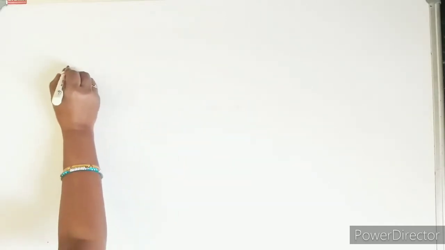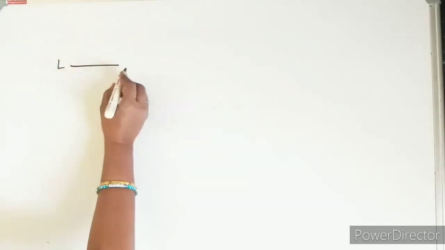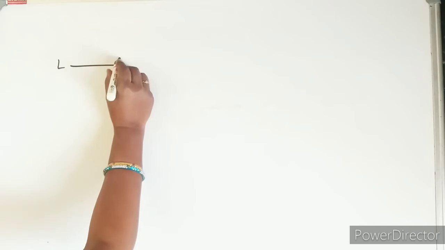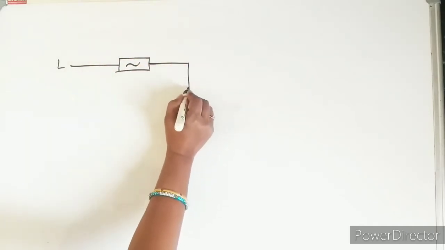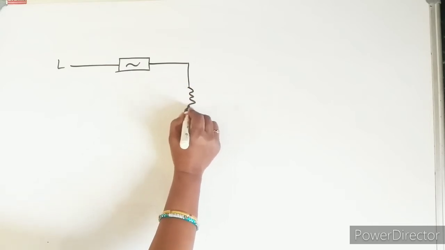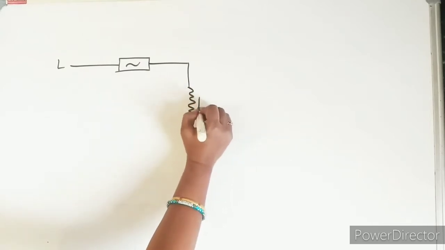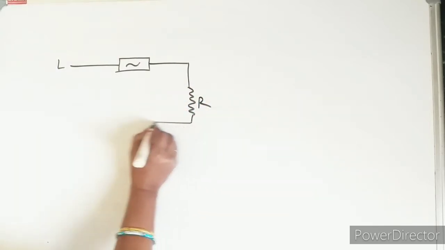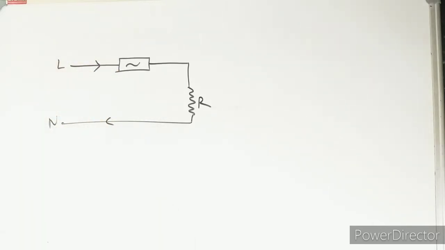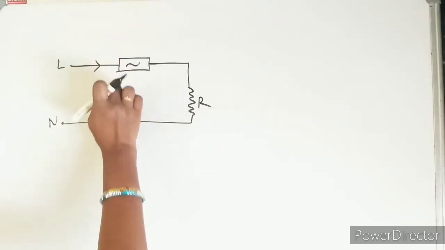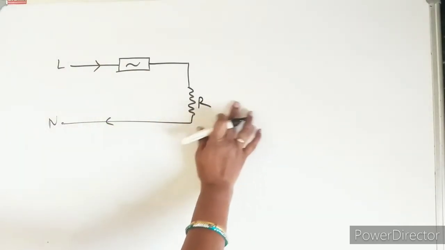Here let this be the live wire, and here is the fuse. Then let this be the bulb or the resistance, whatever it is, and current flows through it and returns. This is the neutral wire. So when current passes, all these fuses have their particular rating.